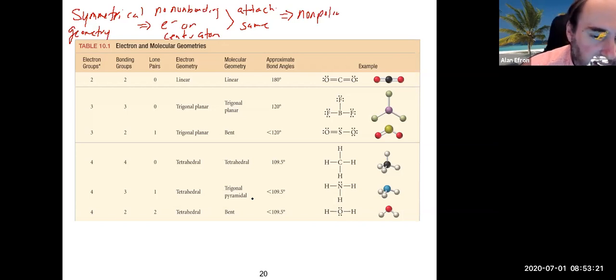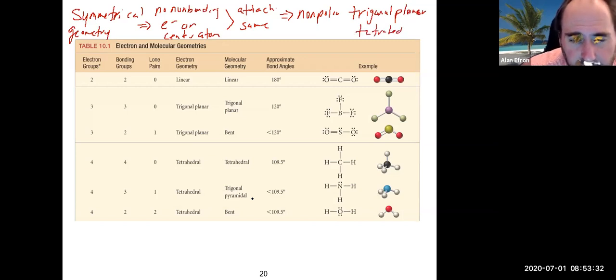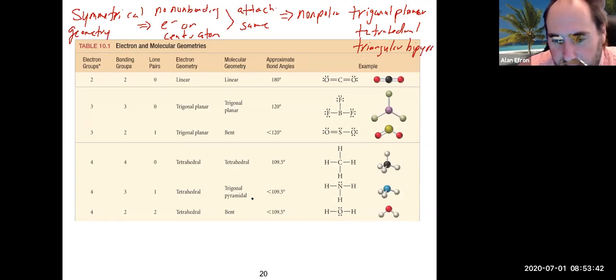So what are we talking about here? Like trigonal planar, for example. Tetrahedral. Triangular bipyramidal, as I run out of room. Octahedral.